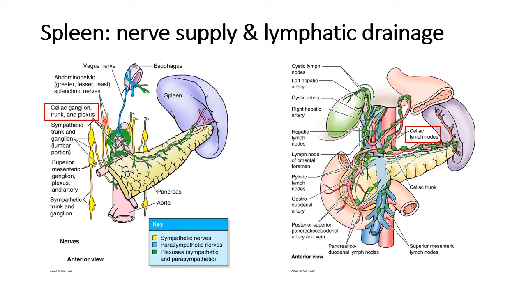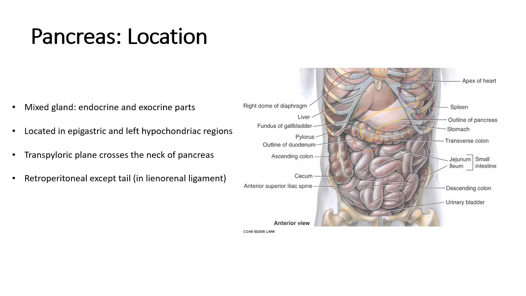So branches from the sympathetic chain will reach the celiac plexus, and then they will run with the celiac artery and the splenic artery to reach the spleen. Now, don't worry about the details of the ganglion and trunk, but just focus on the celiac plexus.